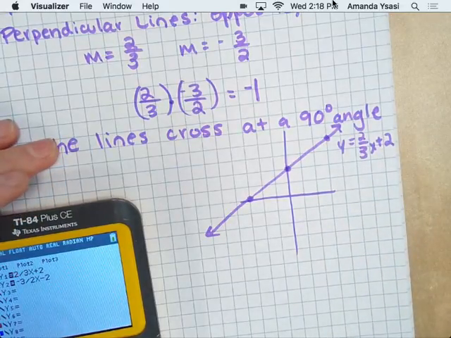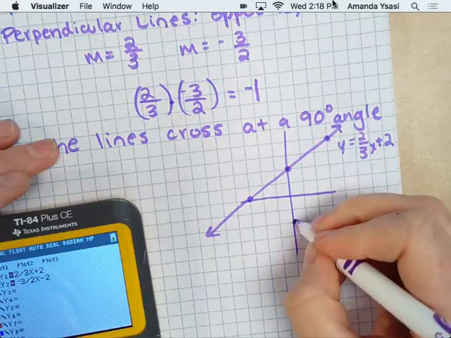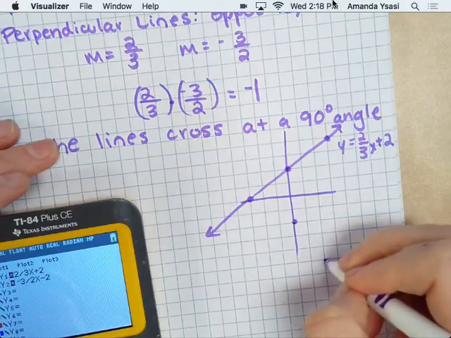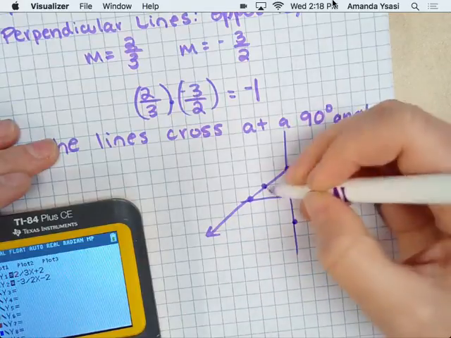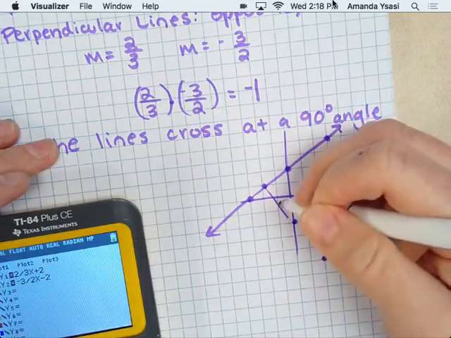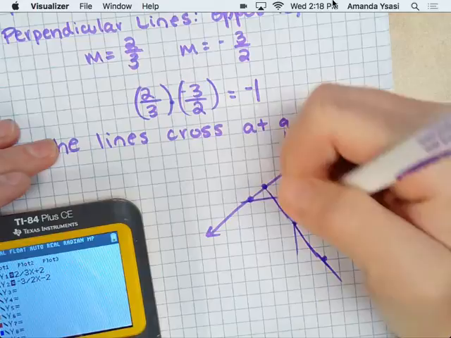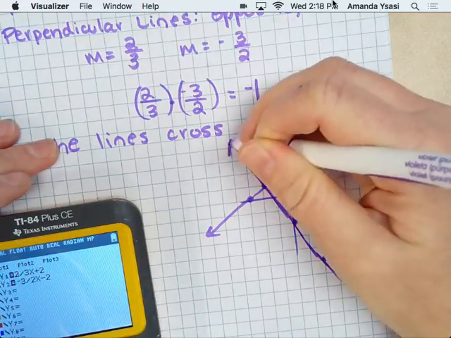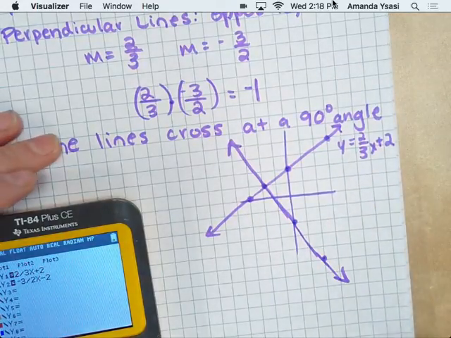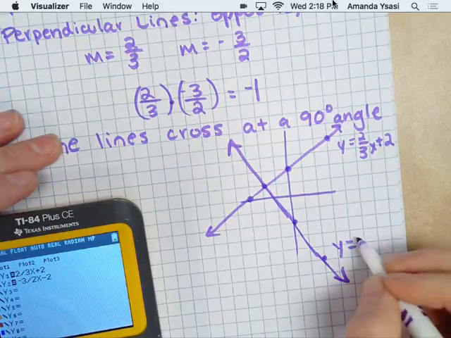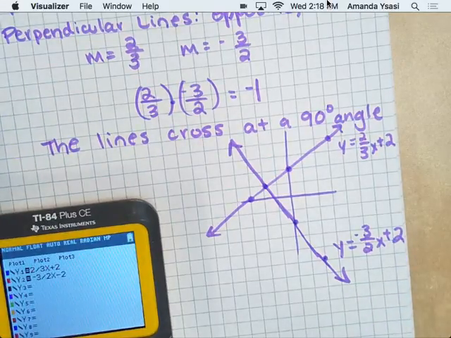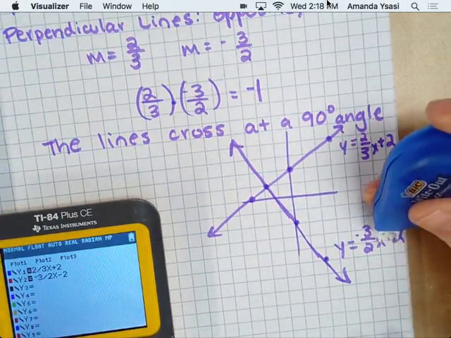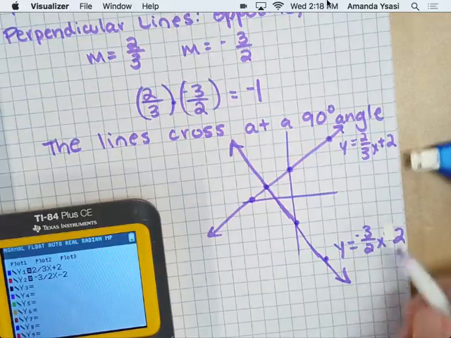And then the other one was -3/2, down 3, right 2. Something like that. That looks like a right angle. So why does it not look like that in the calculator? Any ideas?